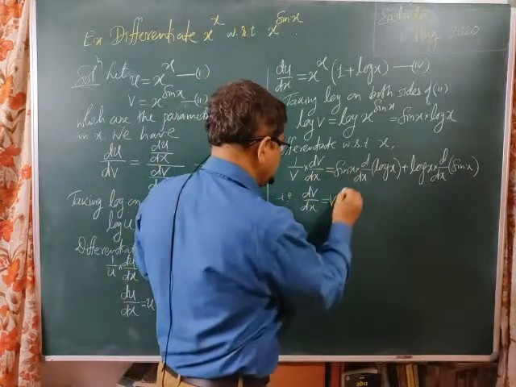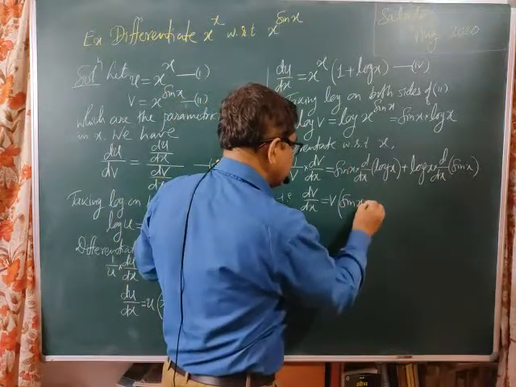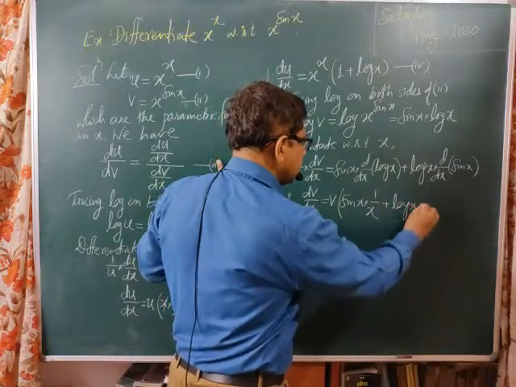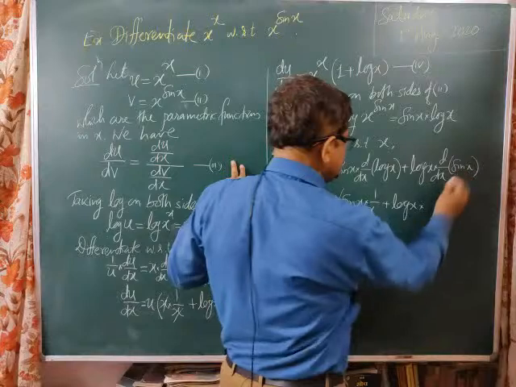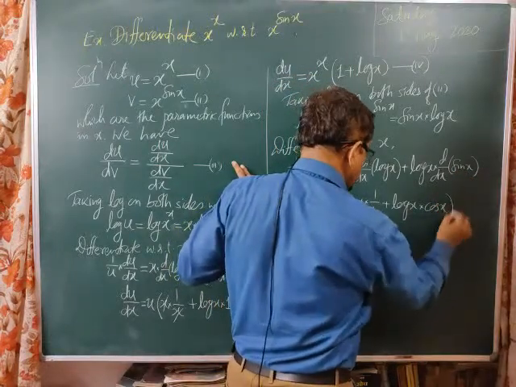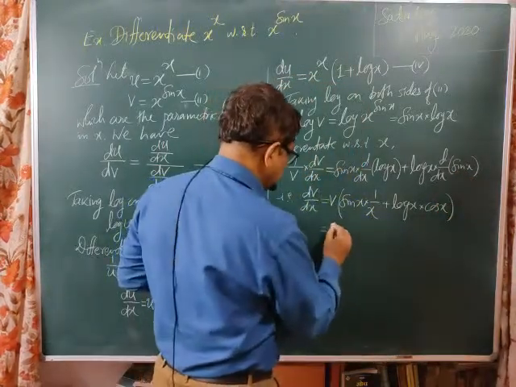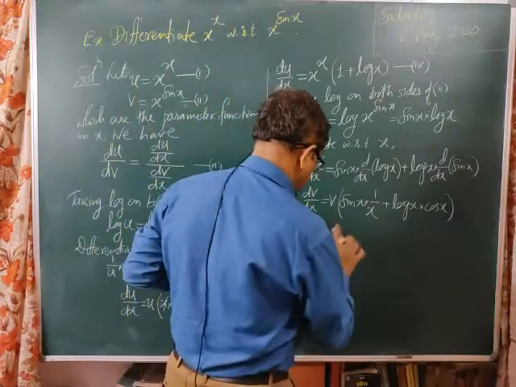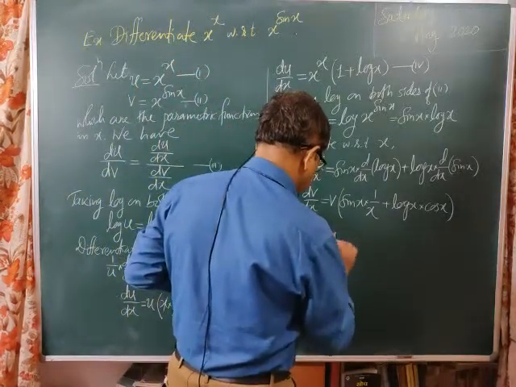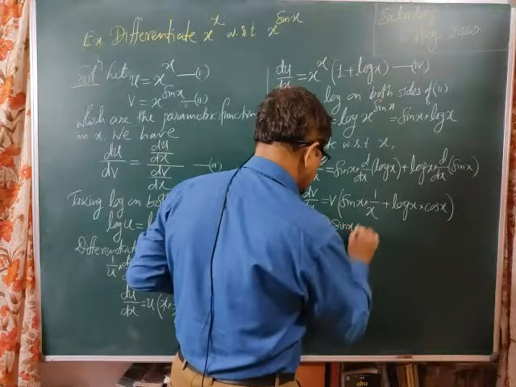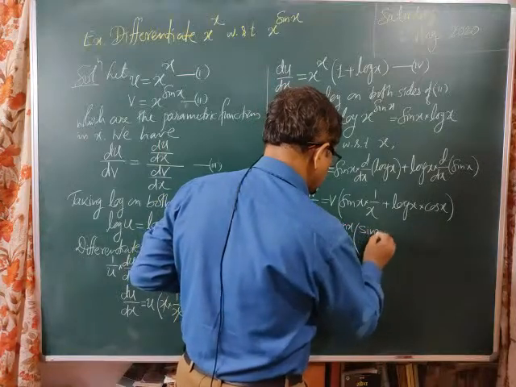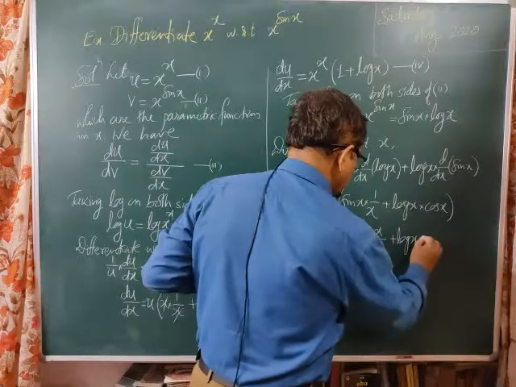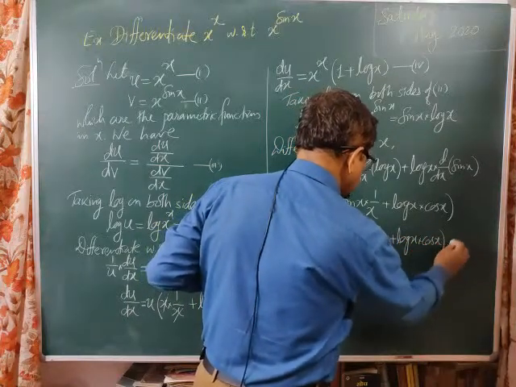This cancels here, v into bracket sin x into derivative of log x is 1 upon x plus log x as it is into derivative of sin x is cos x. And so the final answer dv by dx, resubstitute v, v is x raised to sin x: x raised to sin x into bracket sin x divided by x plus log x into cos x. Call this 5.